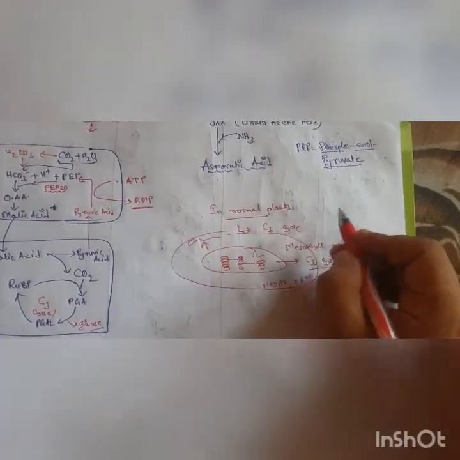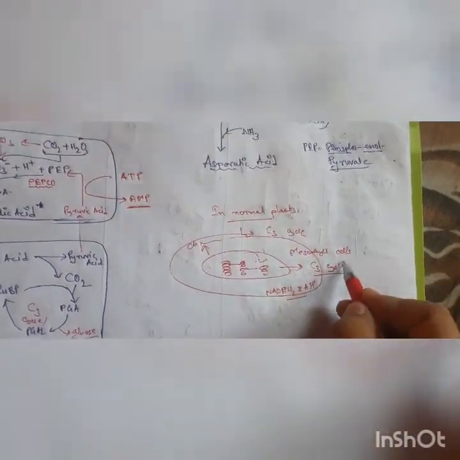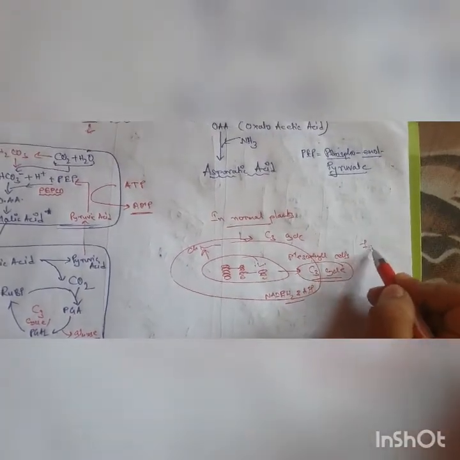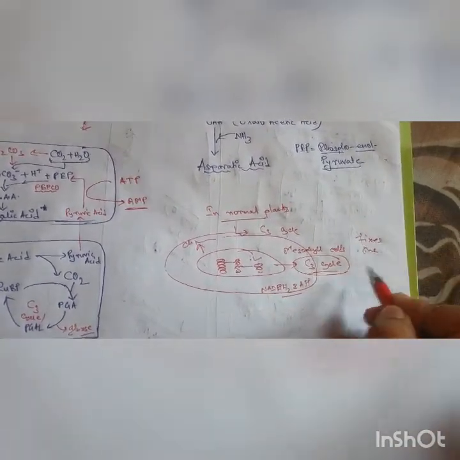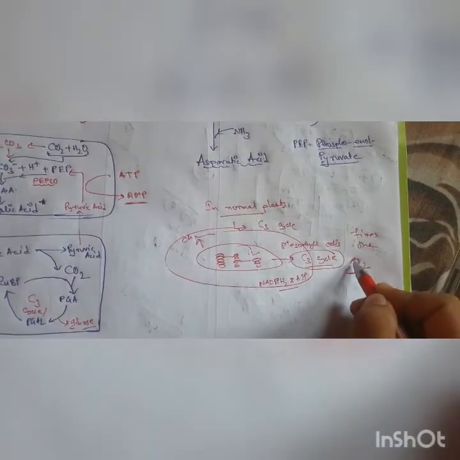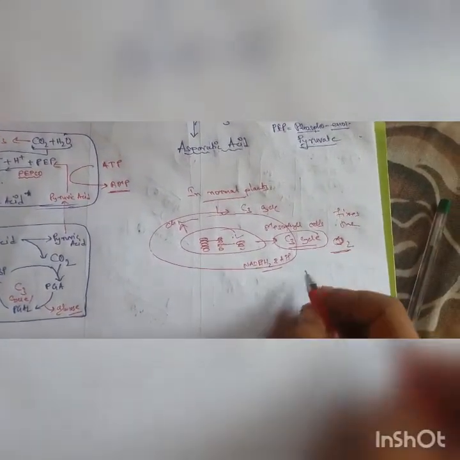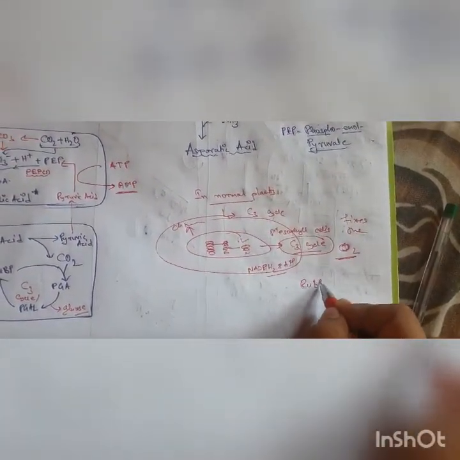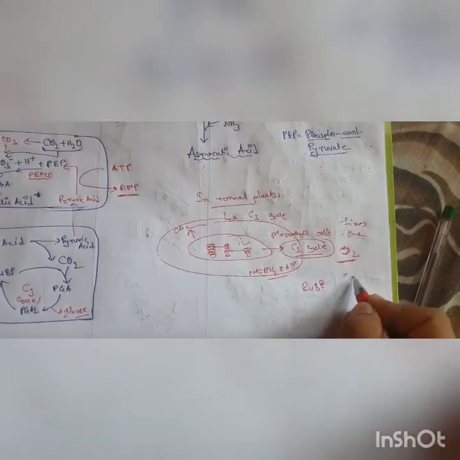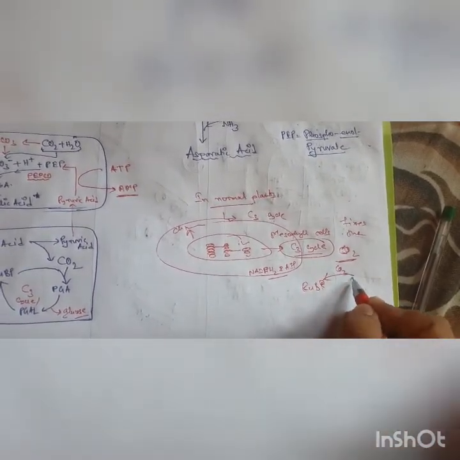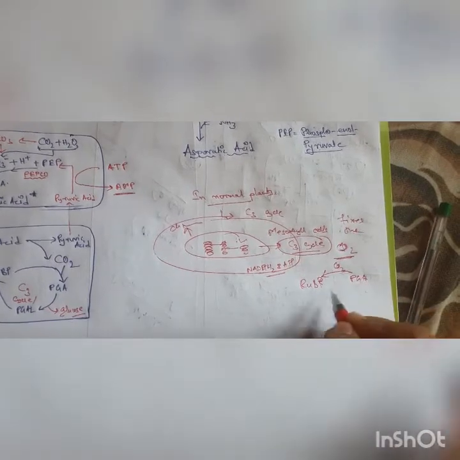Now, the C3 cycle is the cycle which fixes or captures the CO2. The RuBP captures the CO2 to make PGA by the enzyme Rubisco.